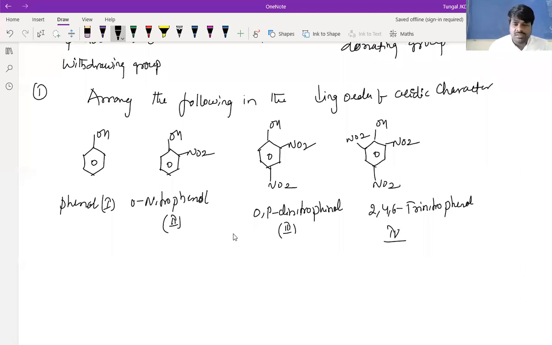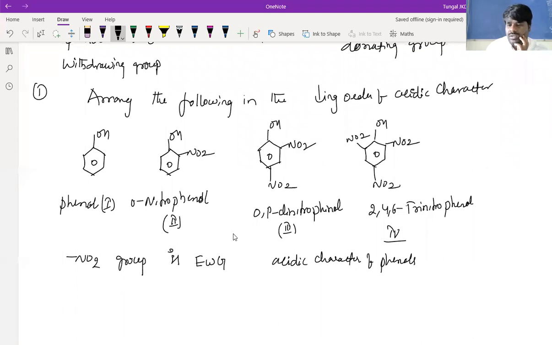So if I ask the decreasing order, the NO2 group is electron withdrawing. As I told you, acidic character of phenols is directly proportional to electron withdrawing groups.